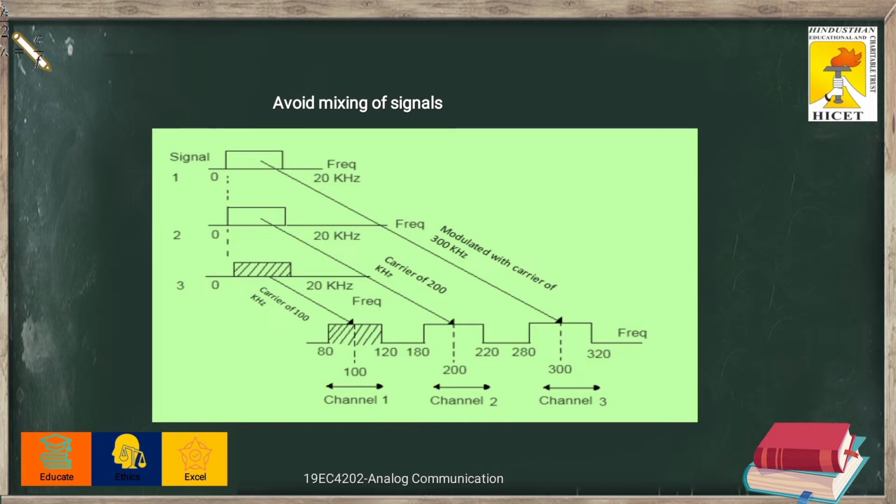And the third signal is modulated with the help of a carrier of 1000 kilohertz and it is transmitted through channel 1. So thereby here we are able to send all the signals separately, though the basic baseband signal occupying the same frequency range.